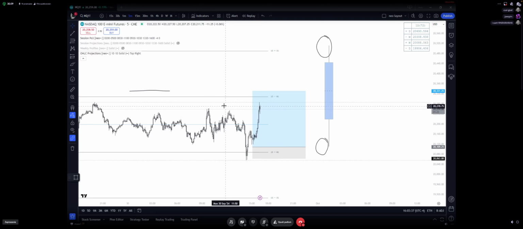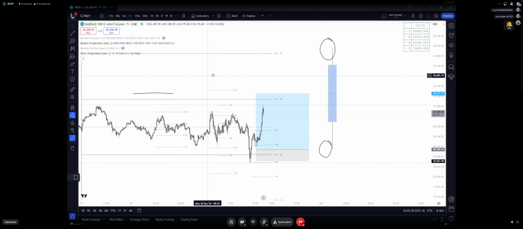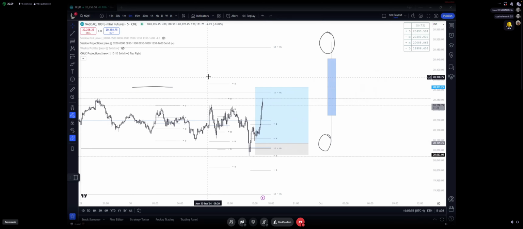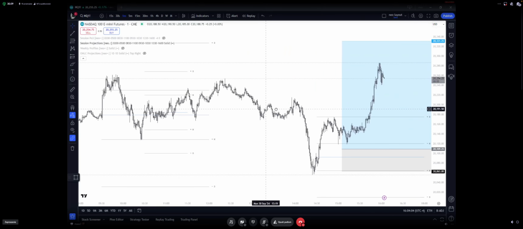Here's another one that we have. I just showed you open, high, low, close projections. We also have session projections. This is basically the same thing as the open, high, low, close, but it shows you information for specific sessions.